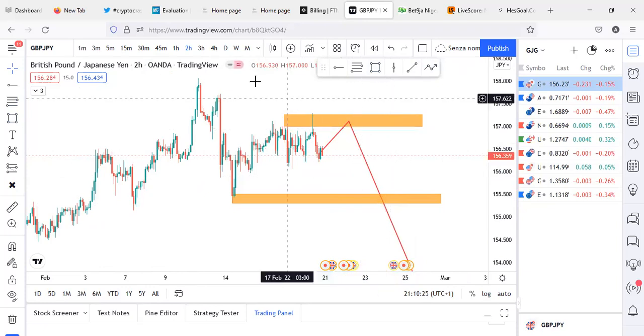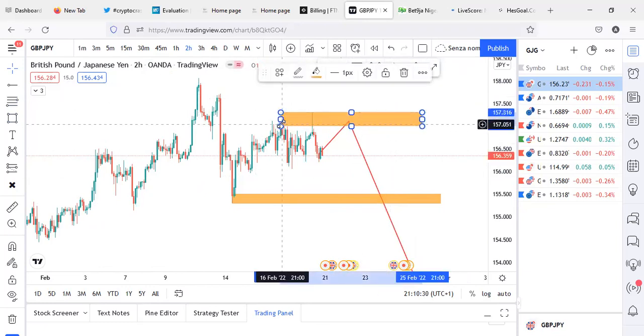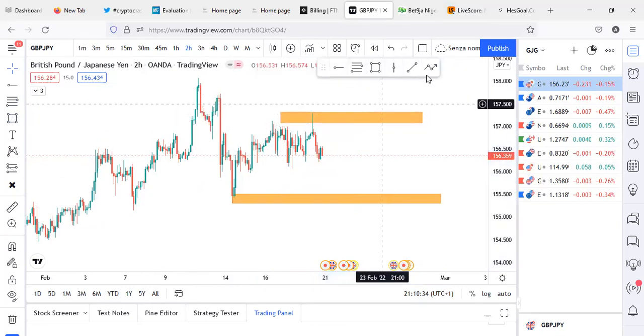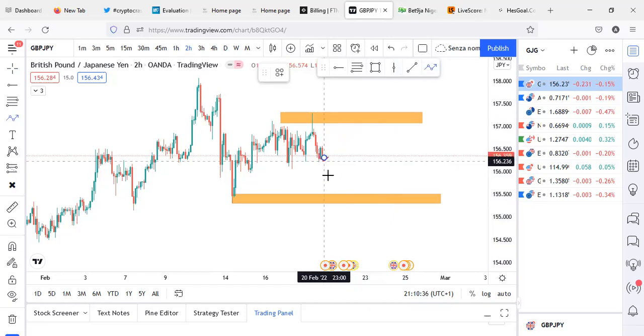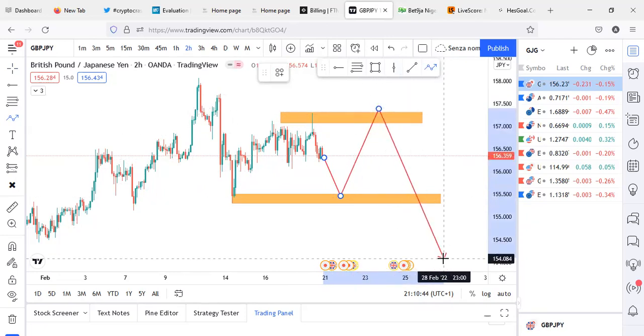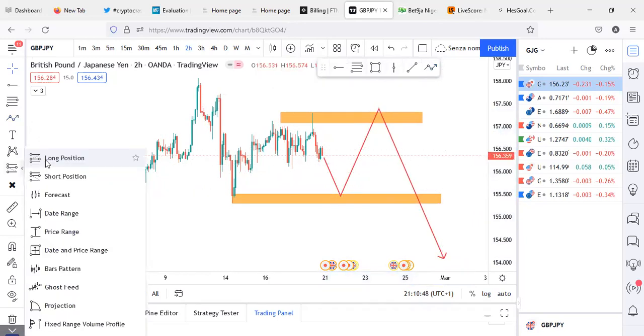For this case, there are two scenarios. I'll explain both. The first scenario is that the market opens and drops here, then goes back up. If possible, it takes out this high before dropping down. This is possible, so it's something like this.